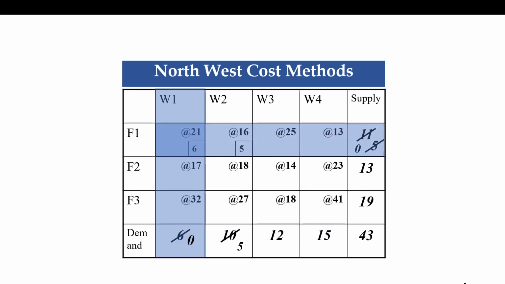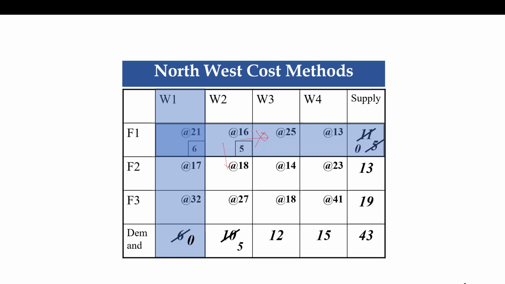So factory 1 is over because now we cannot supply anything from factory 1. So close this one. Now because this side is over, you cannot move this side. You have to move down. You cannot go diagonally unless you don't have any option to go either right or down, right?